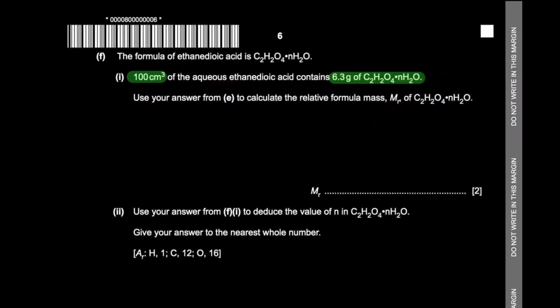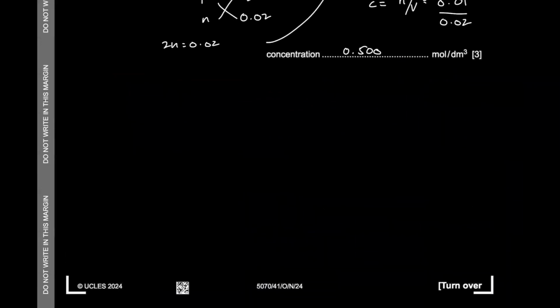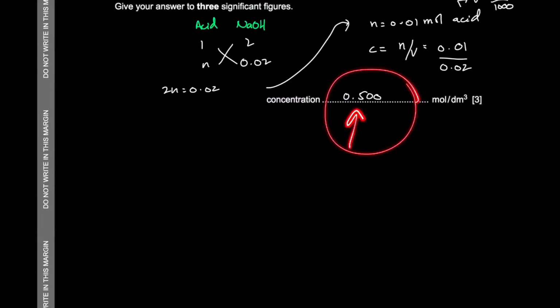Remember, this is a mole calculation. The general idea for mole calculations is you find the moles of the unknown quantity. We need to find the moles of this. We're given the mass, we don't know the Mr. We have to find the Mr. So to find the moles, what are we going to do? We have the volume and we have the concentration from the previous part.